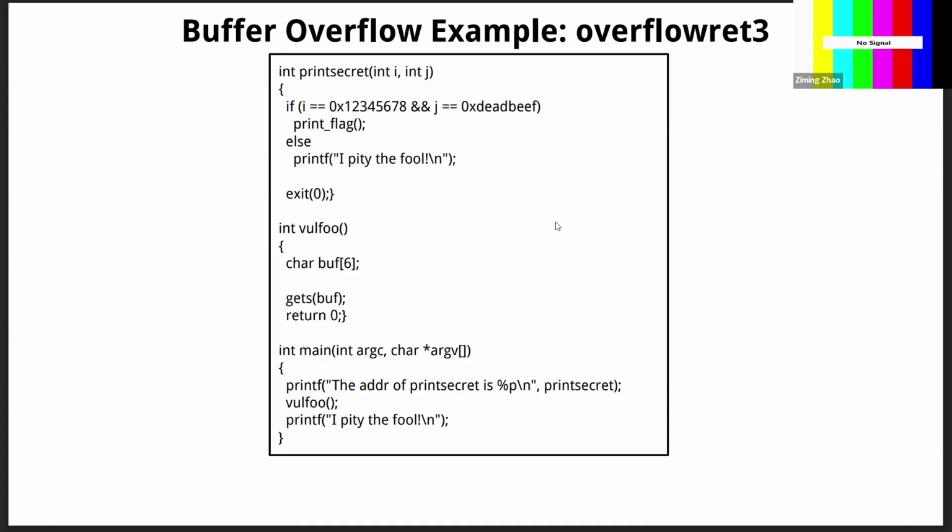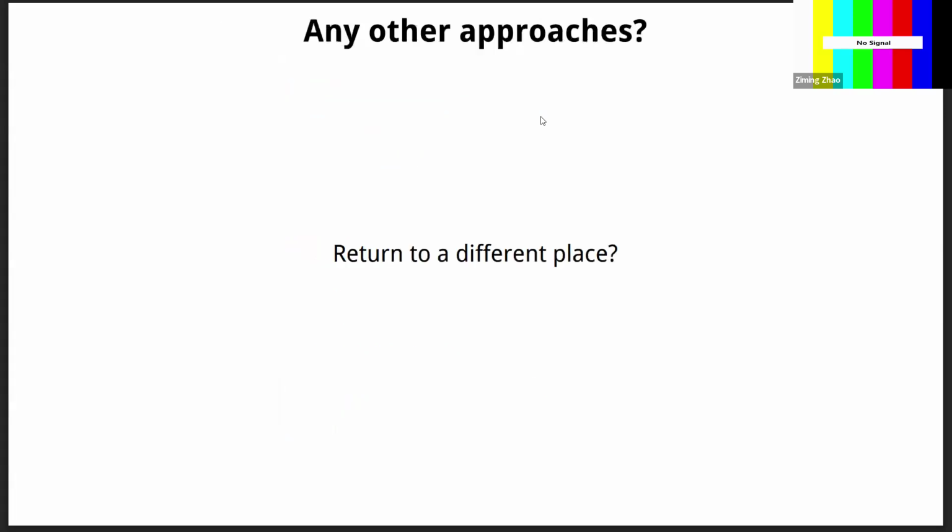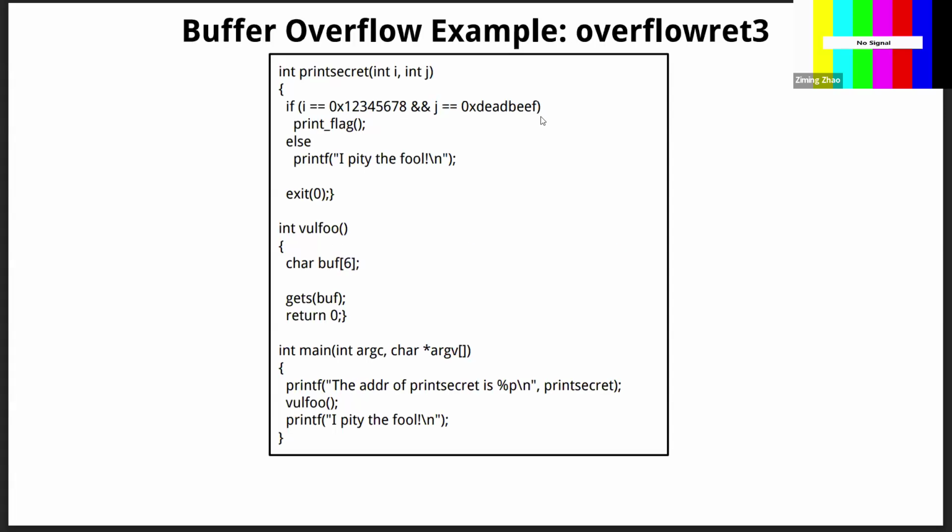Okay, so for this one, the exploit will be 18 bytes of garbage, then the address of print secret, then another 4 bytes of garbage, then the value 1, 2, 3, 4, 5, 6, 7, 8, then the value of dead beef. Right? In total, that will be 8 bytes of parameters there. I got a little confused when I did dead beef first and then 1, 2, 3, 4, 5, 6, 7, 8.